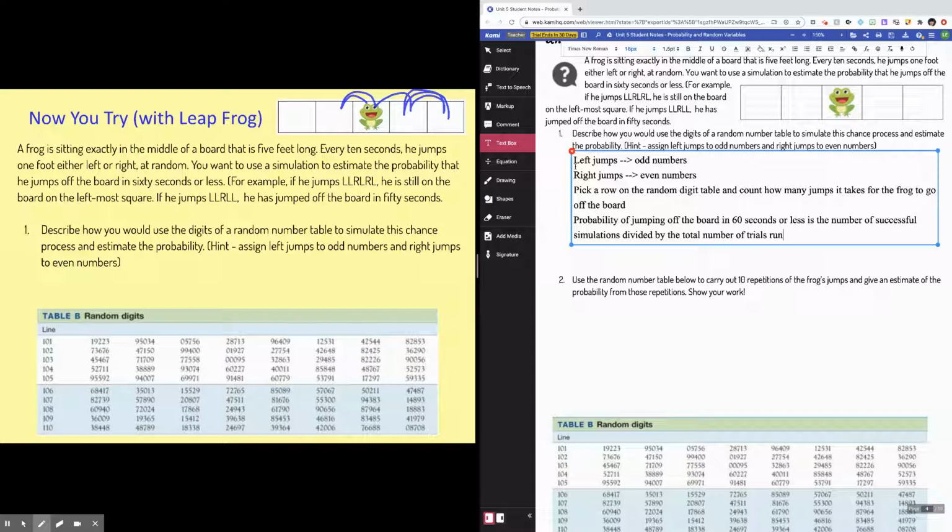I'm really struggling with my spelling today, y'all. Remember, probability is the number of successes, or number of people in a category, whatever it is, divided by the total.